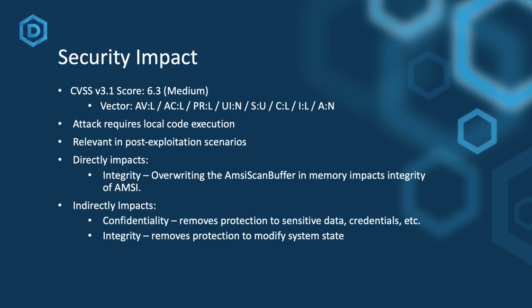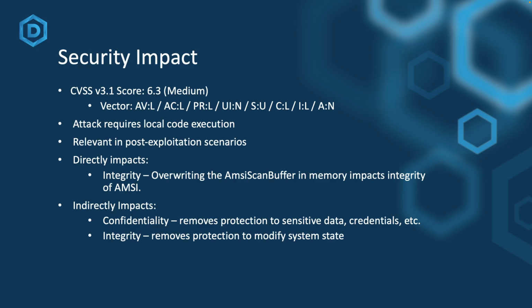This technique is relevant in post-exploitation scenarios. However, it's not something that can actually gain you any sort of information. But it does directly impact the integrity of AMSI in memory and how it interacts within Windows.